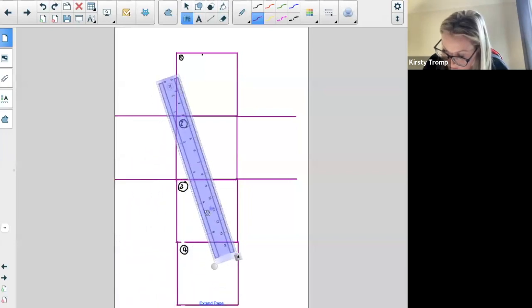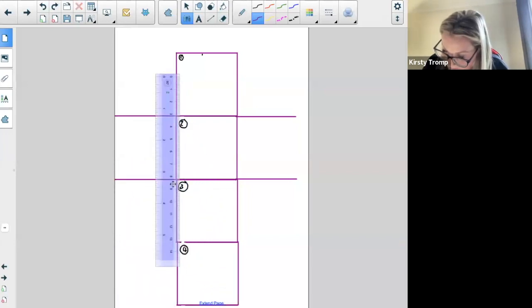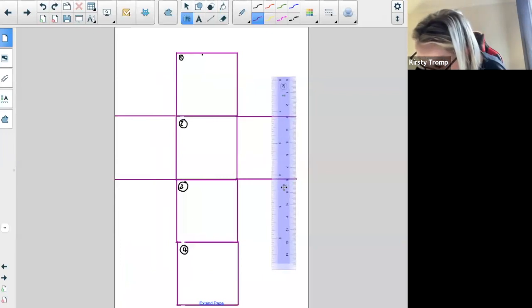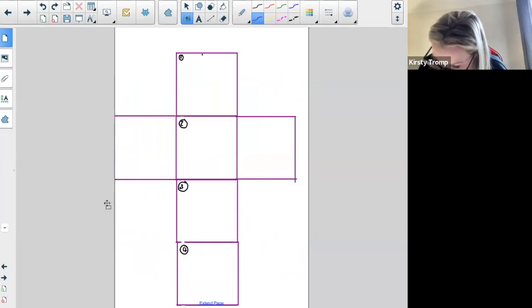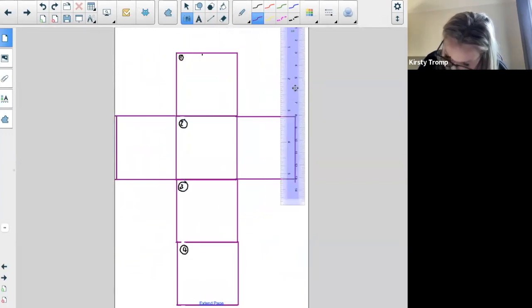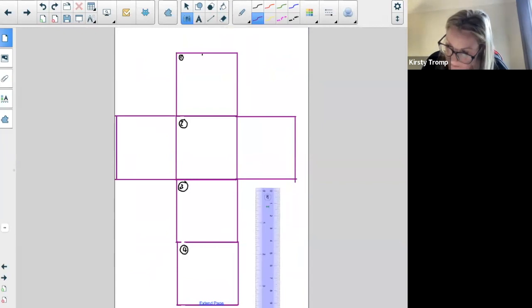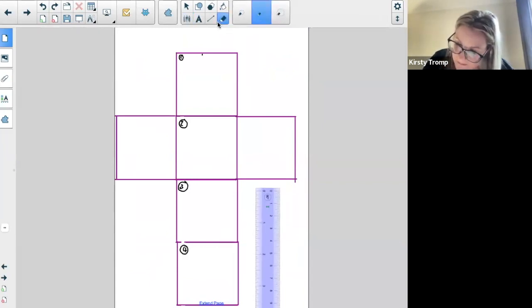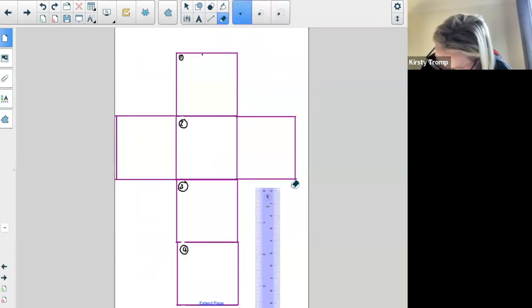Let's draw this line up. So you could put them there, or you could put them on the top one, or you could put them on the third one.